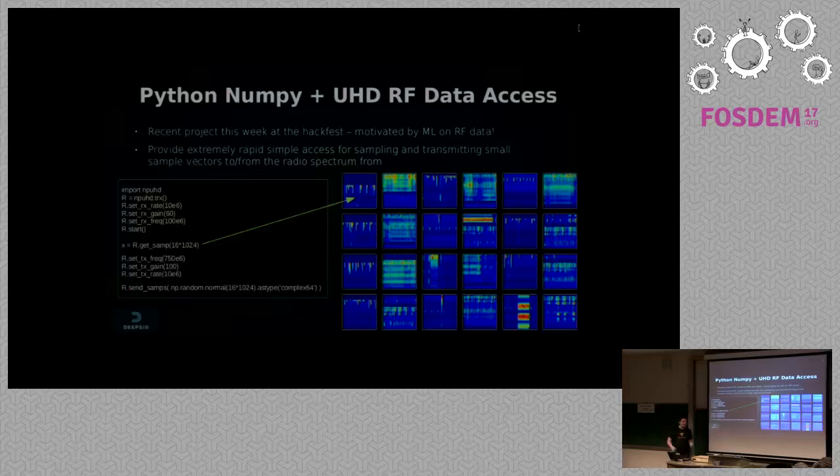Sometimes it feels silly to use GNU Radio when all you want to do is grab a chunk of samples off a radio. And so that's the whole point of this NumPy UHD wrapper. This is just the thinnest interface you could have to say, tune my radio somewhere and grab some samples from it. Super simple.